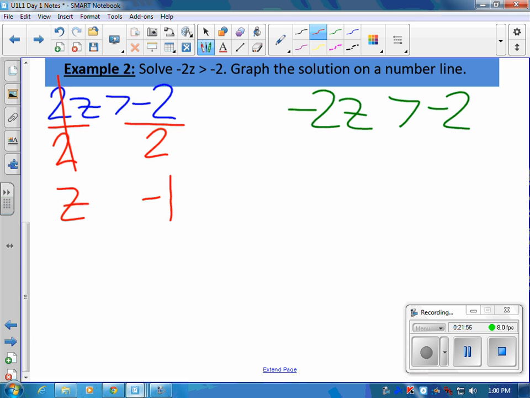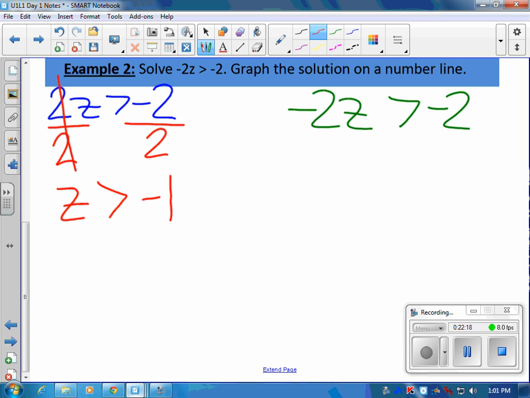Raise your hand if you think it needs to be greater than. Okay, I've got 4. Raise your hand if you think it needs to be less than. You got to pick one. 2, 3, 4. Chris, what do you think? Because you're the deciding factor. Greater than or less than? Greater. Okay, so greater than wins. So we are choosing to leave our sign the same.